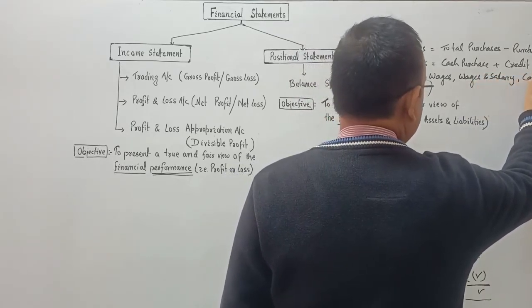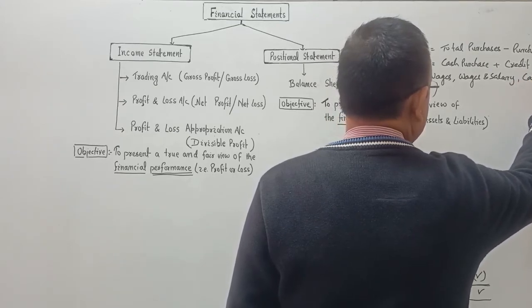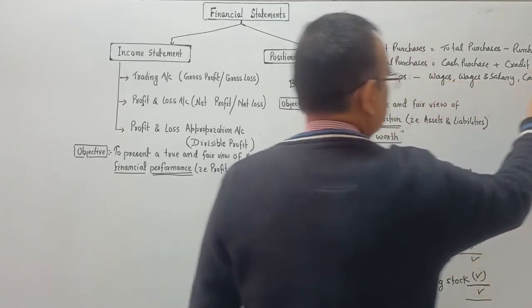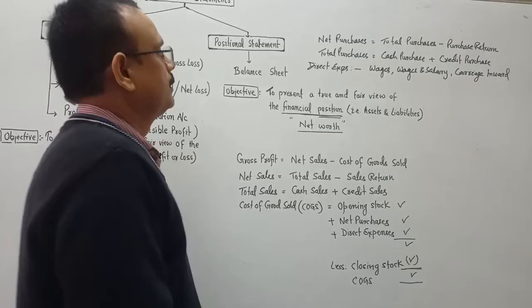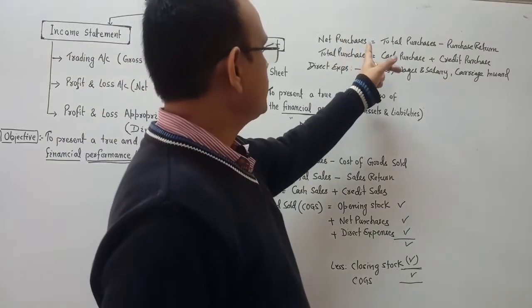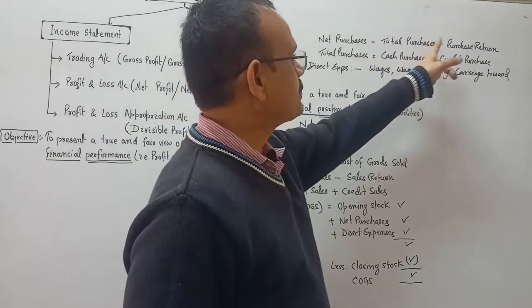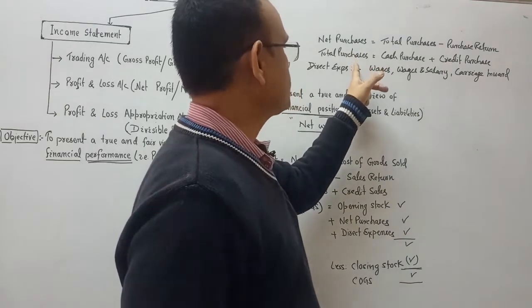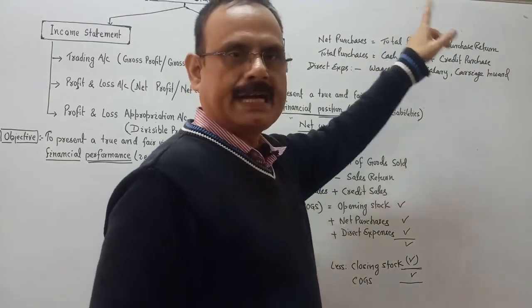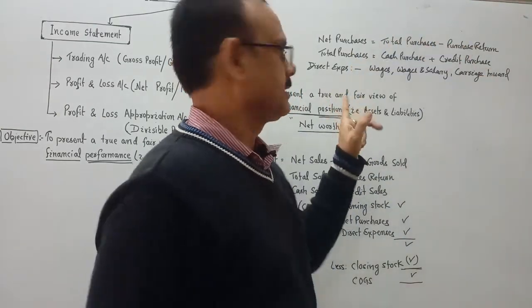Carriage inward. So net purchase is equal to total purchase minus purchase return, and cash purchase plus credit purchase is called total purchase.